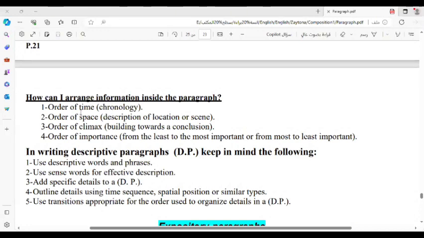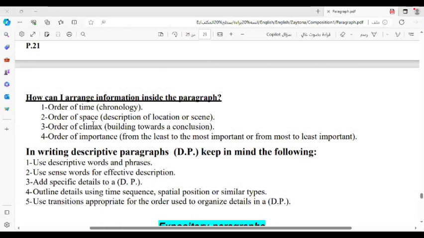We need to pay attention to the chronology, or chronological order, we discussed before, which is order of time. For example, if we are talking about a situation, we need to describe it, so we need to pay attention to the order of time, which is to start from the beginning and go step by step in order to reach the final stage maybe.